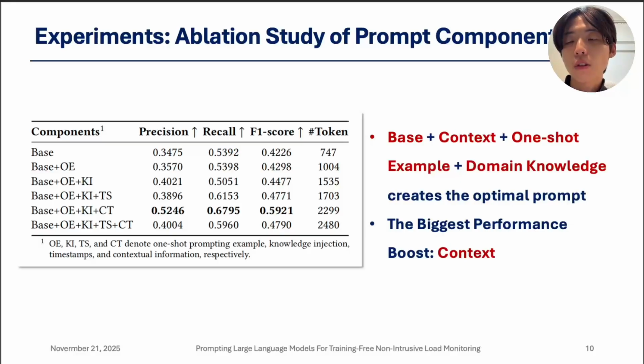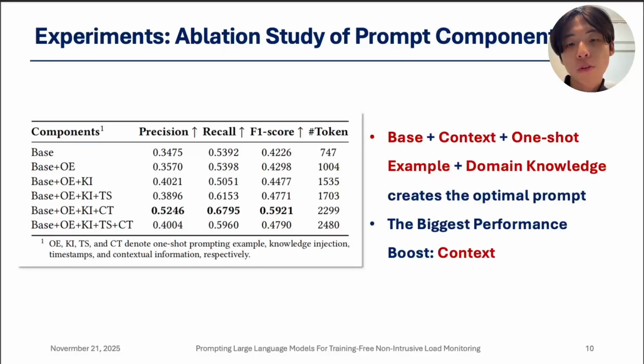So let's see the first. First we update the prompt components. Yeah. We start with a simple base prompt and gradually add the one-shot example, the knowledge injection, the time steps, and the contextual information. We found that adding a one-shot example helps a bit, and adding domain knowledge helps more.